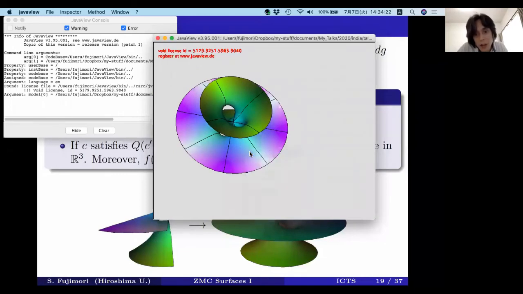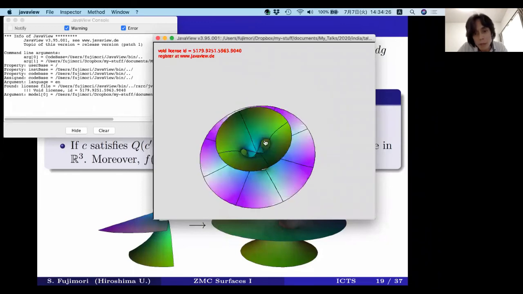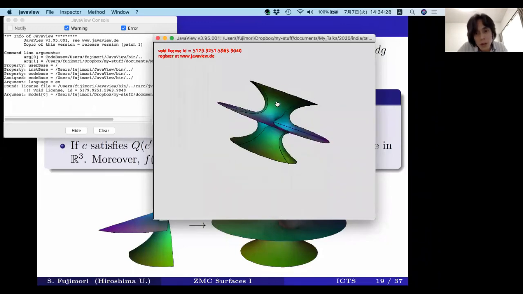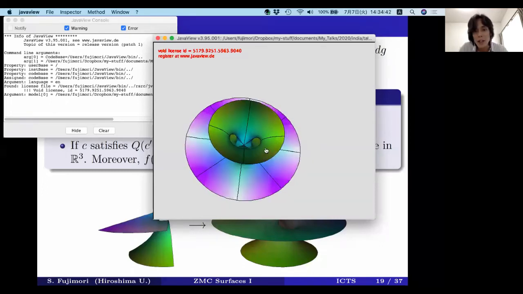So when drawing graphics, we only have to draw the fundamental piece, and then by repeating reflection, we get the entire surface.